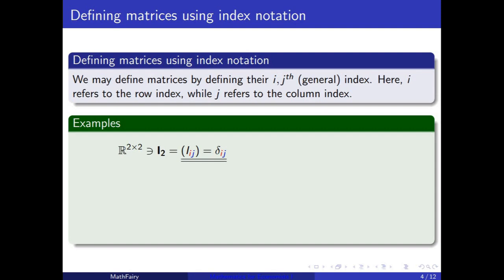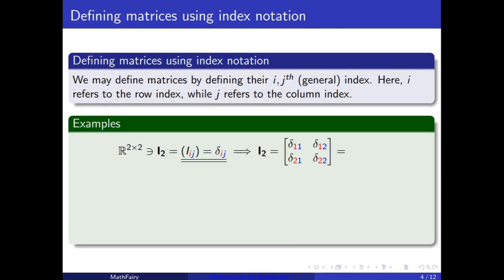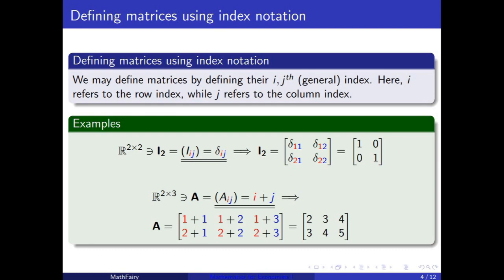So I_ij would be delta_ij, which means that the first row, first column is delta_11, the first row, second column is delta_12, and so on and so forth. And we remember from the definition of the Kronecker delta that this will lead us to this 2 by 2 matrix.